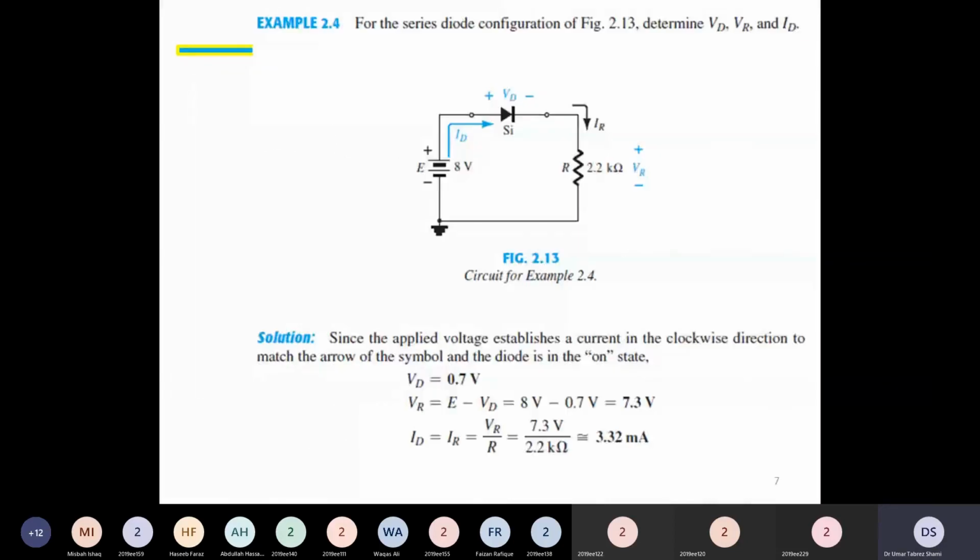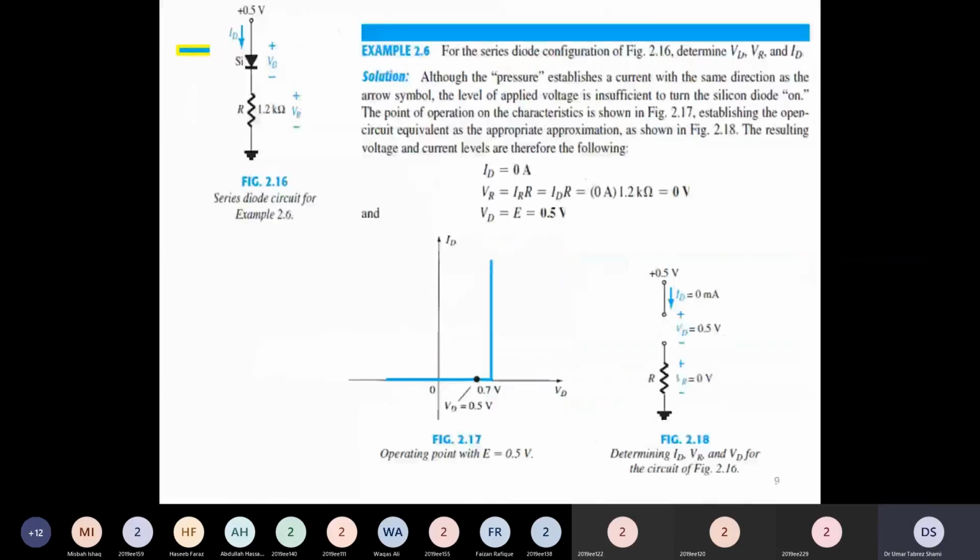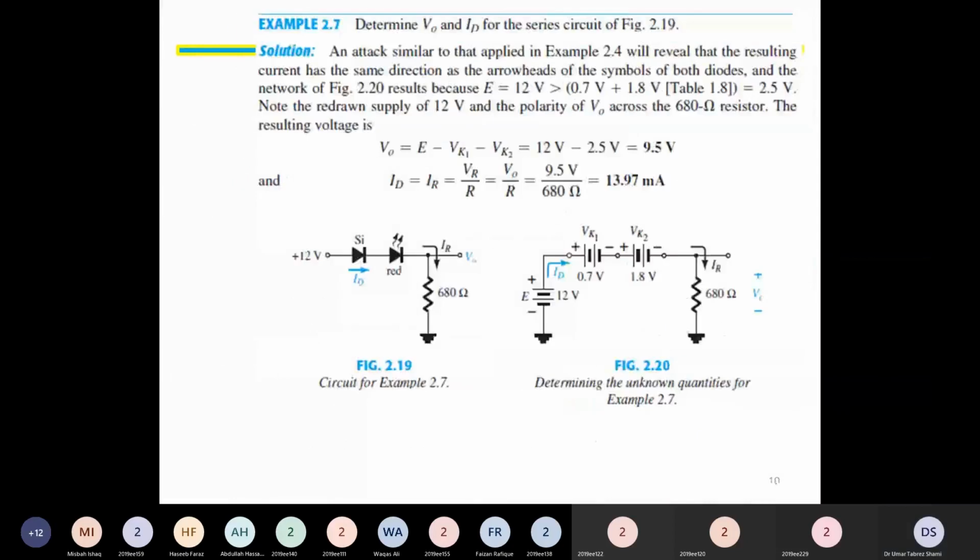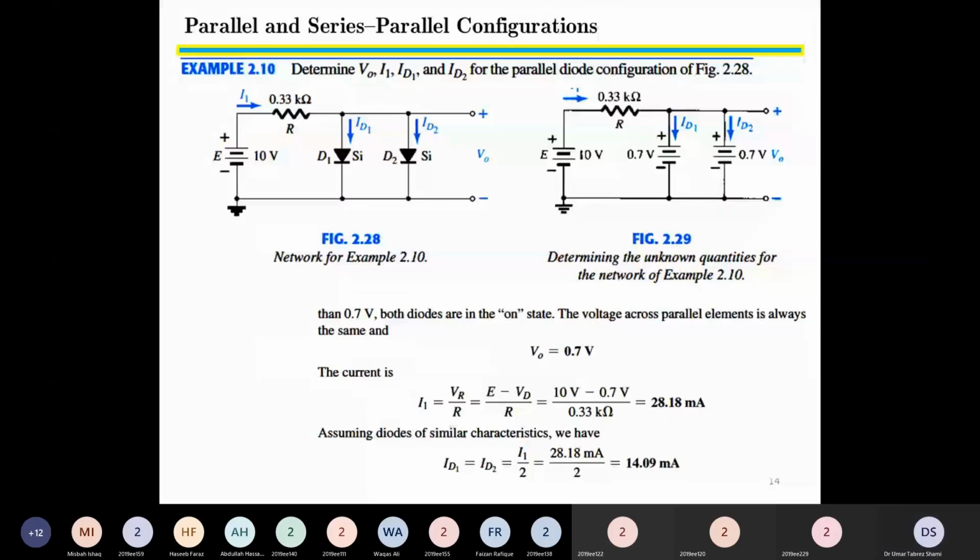Then we have done a number of examples. Then we did the parallel and series parallel configuration. We sorted out some examples related to series and parallel configuration.